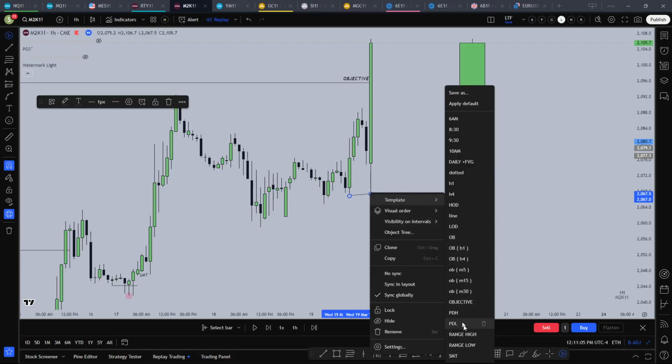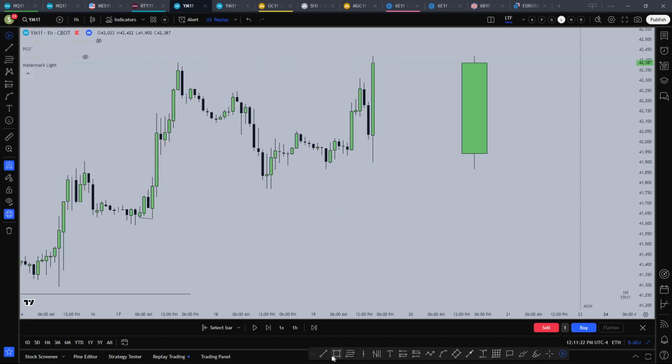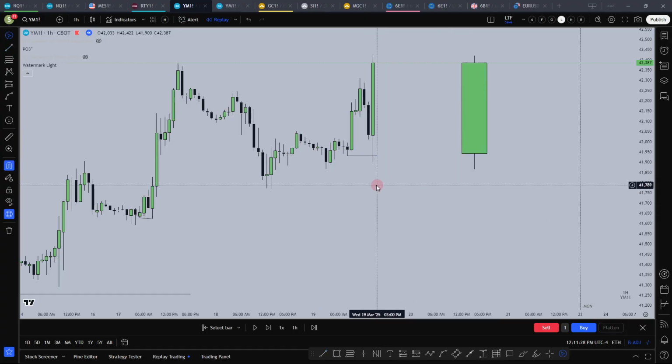So hourly expectation of expansion, using 3 minute MMXM, using 5 minute MMXM. So YM. See, lows being rejected, correlated asset, lows being rejected, bullish order flow.